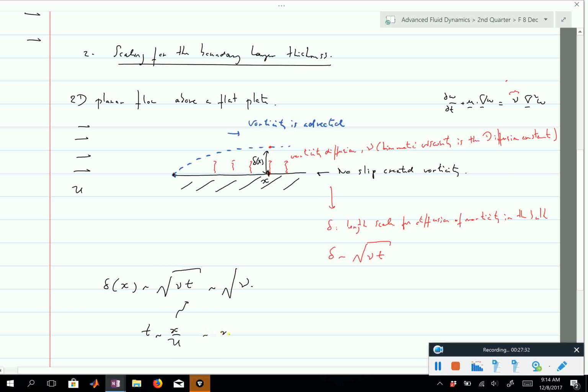Because x scales with u times t. So then you have the square root of nu times x divided by u. And this is your typical scaling for the boundary layer thickness at a position x.